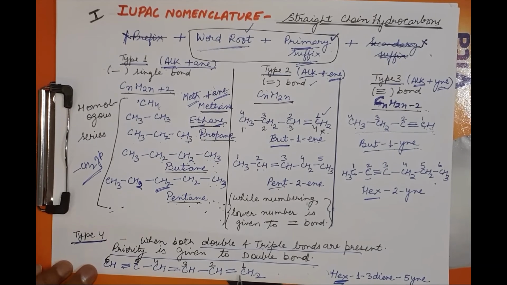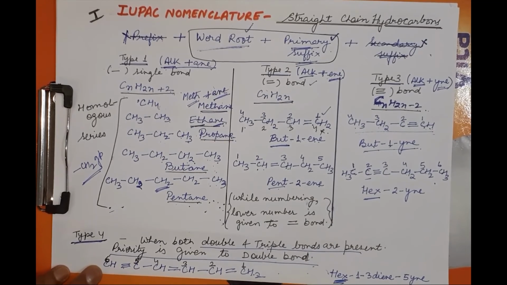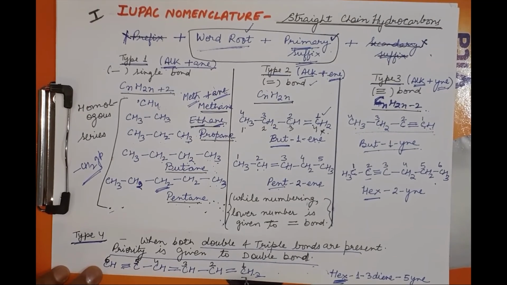So the double bond will get the lower numbering. So here hex-1,3-diene, because with carbon 1 and carbon 3, double bonds are present. So hex-1,3-diene, 2 double bonds are there, and this 5-yne. So this will be the name of this compound.